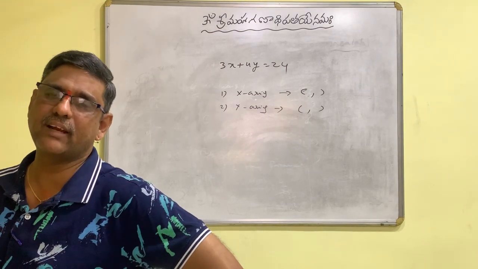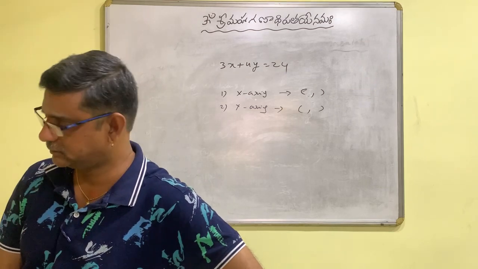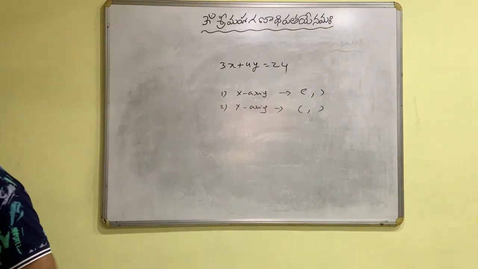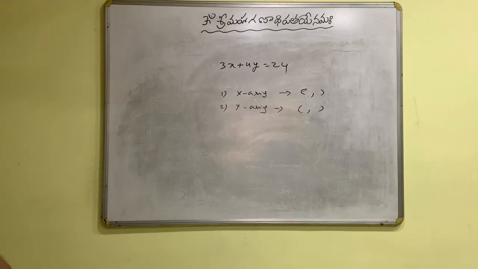Tejal, I think everyone is seeing Tejal's answer. Everyone is observing Tejal's answer. Is that right, children? 2 comma 4, 16 plus 6 is 22, that is also wrong. The y-axis at 0 comma 8?